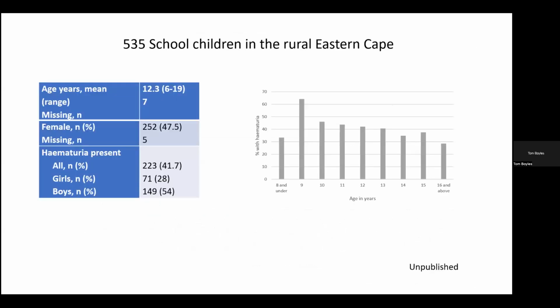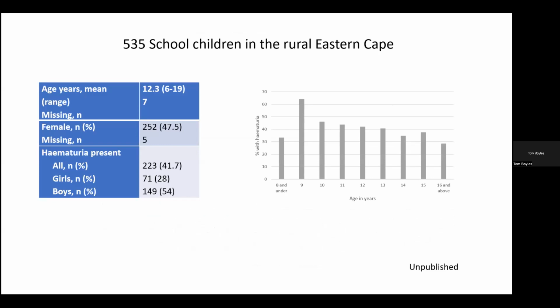Okay, so that's given you some idea of the relative prevalence and the age and gender distribution. But what about the absolute prevalence? That's obviously very difficult to get a denominator from some lab data.